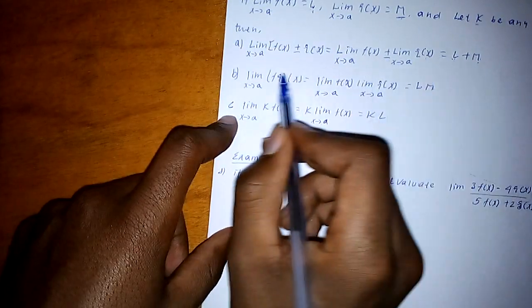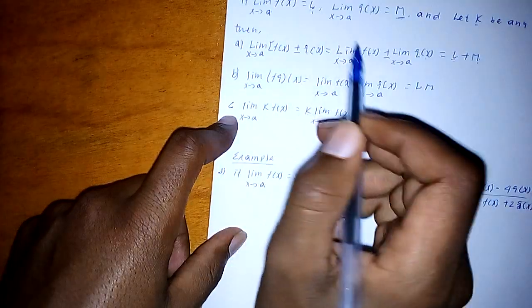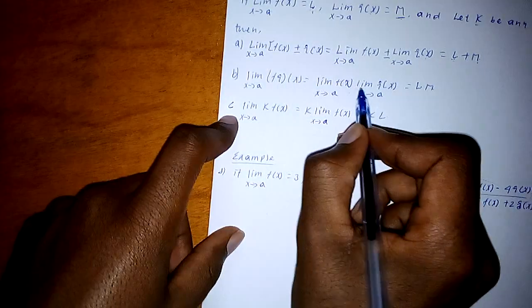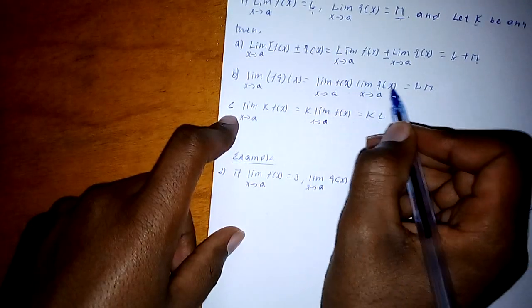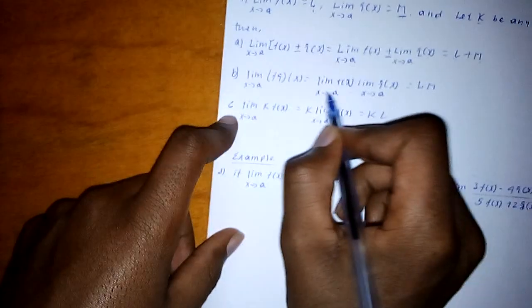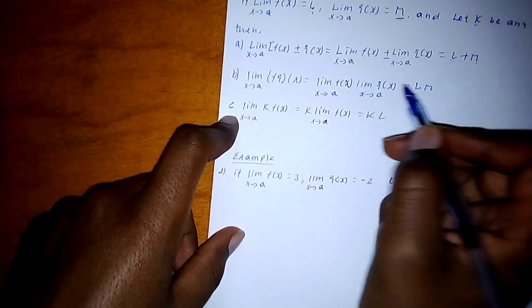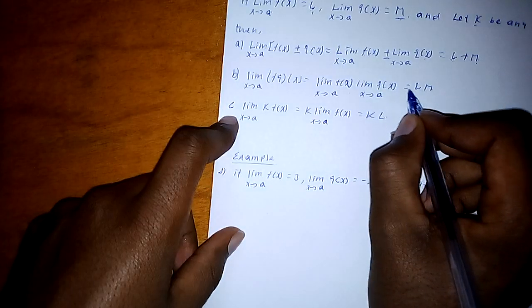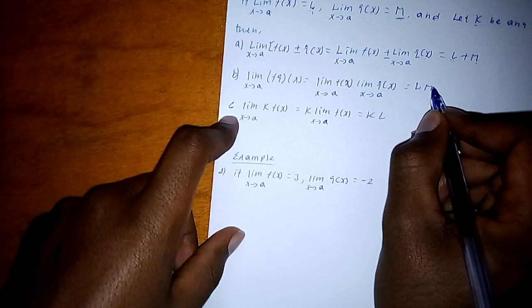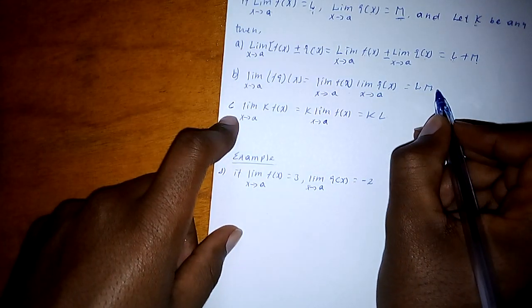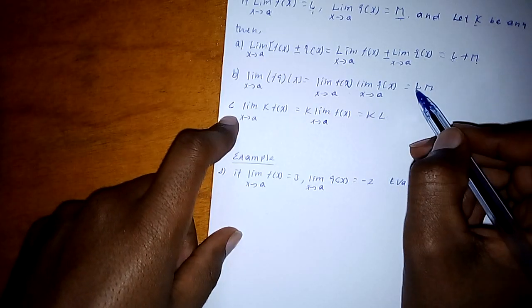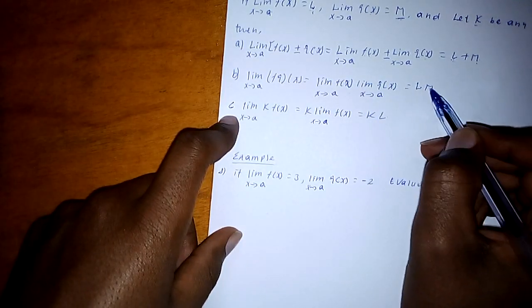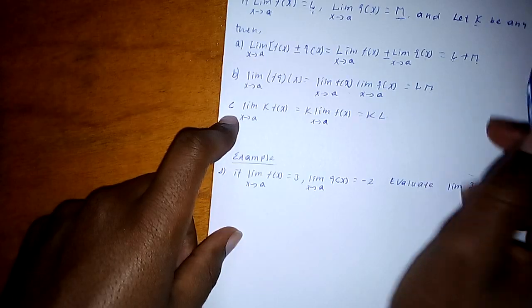The same as this, in this formula we can separate both f of x and g of x, and find limits for both functions separately. It is equal to L times M. As I told you, L is the value of the limit of f of x, M is the value of the limit of g of x.